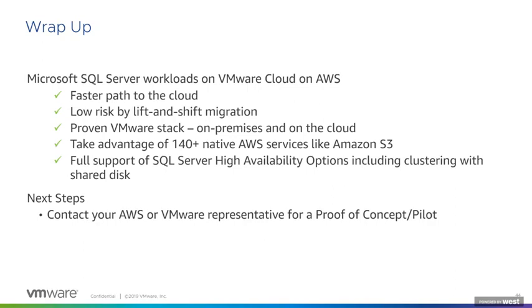It's a very low-risk lift and shift migration using vMotion that is already riding on a proven VMware stack in your software-defined data center that is extended to the number 1 public cloud infrastructure provider, Amazon Web Services, but also gives you access to over 160 native AWS services like S3, like Route 53, like RDS, and all the other services that Bill highlighted in his section of this presentation today, and obviously full support for SQL Server high availability.